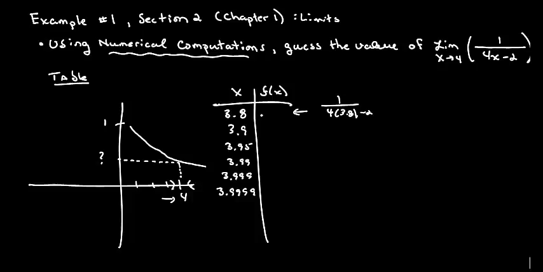And I'm getting 0.075 repeating. So what that says is if we take the height here at 3.8, its height value comes out to be 0.075.